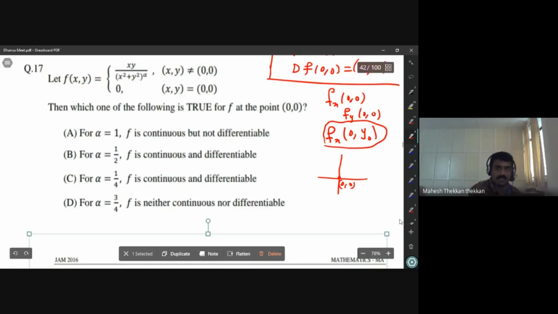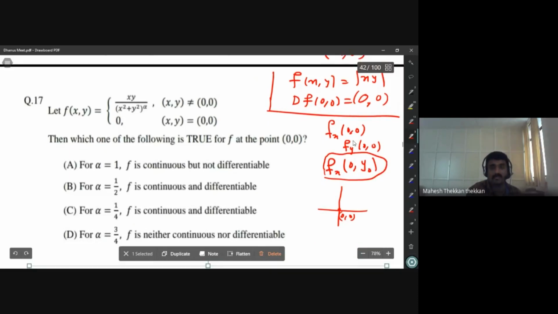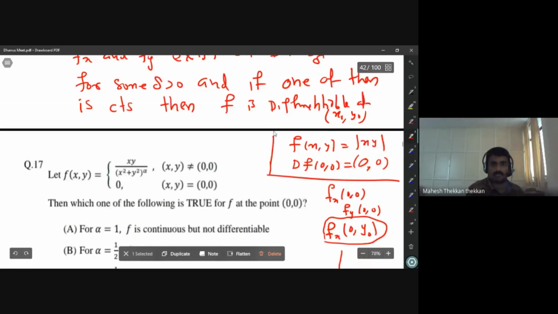But f is differentiable at 0, 0, both partial derivatives exist, yet they do not exist in a small neighborhood, let alone being continuous. fx does not exist on the y-axis, fy does not exist on the x-axis. You can easily observe that; you just compute. I'm not going into those things.